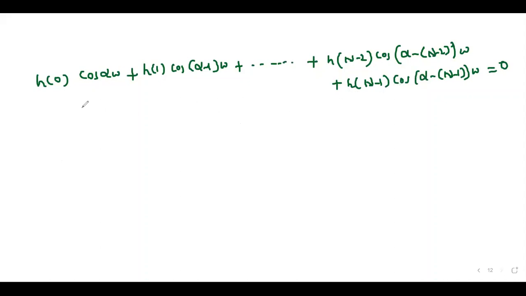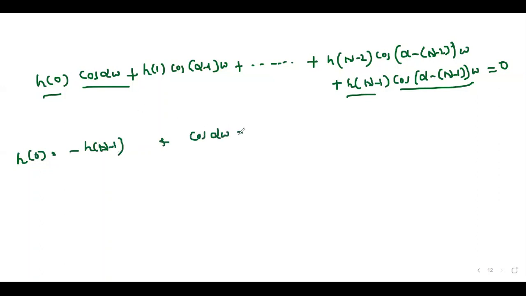Then in order to satisfy this equation, previously we tried to do this is equal to minus of this, but here cos and cos, even if you take the minus angle, it never becomes minus. Therefore, instead of trying this and this is opposite, we'll make it now these constants are opposite. That means h of 0 is equal to minus of h of n minus 1, and this cos will make it equal.